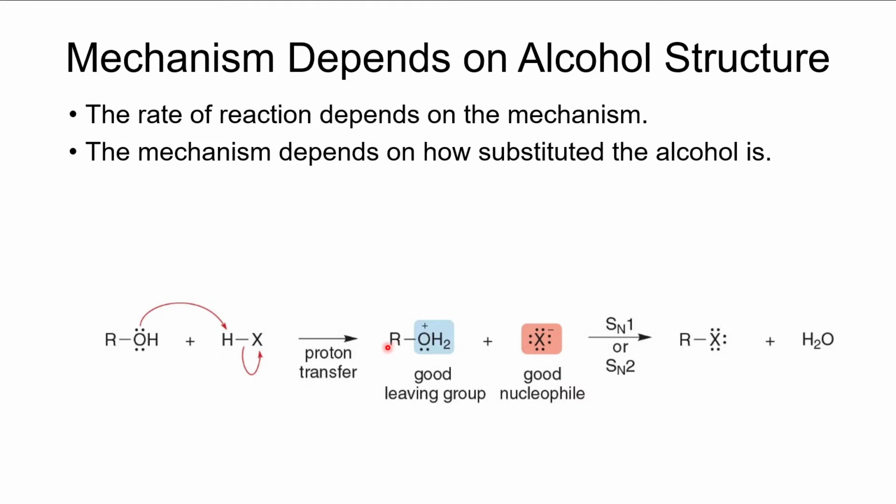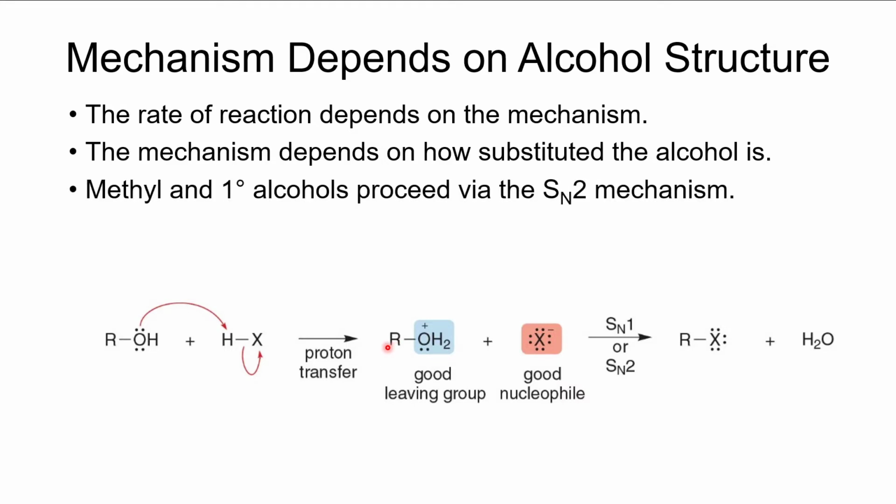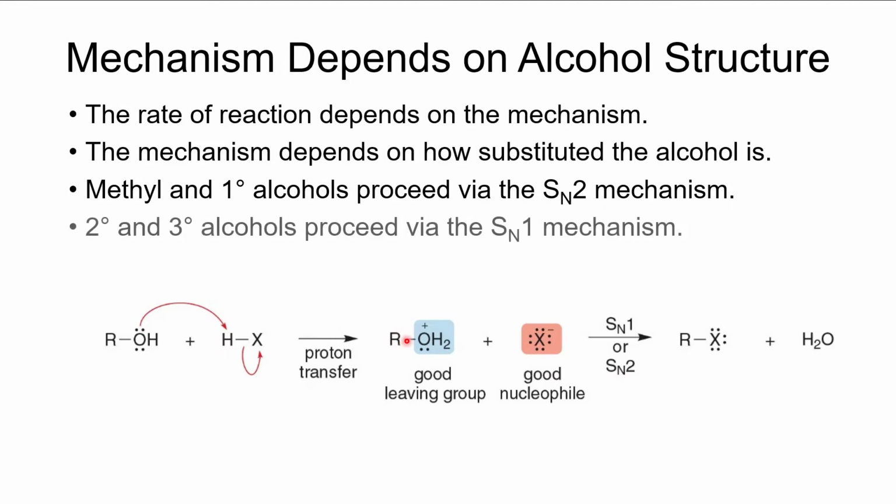If it is methyl or primary, it's going to go by an SN2 mechanism. If it is secondary or tertiary, it will go by an SN1 mechanism. So the more substituted, the more likely it is to go by SN1. The less substituted, the more likely it is to go by SN2.